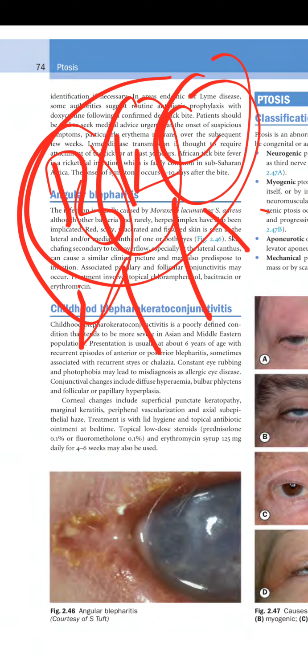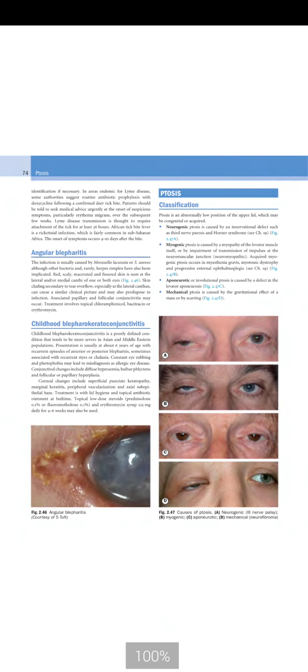So the patient presents with blepharitis, and the conjunctivitis signs are basically follicular or papillary conjunctivitis, and the corneal changes are superficial punctate keratopathy and marginal keratitis, and you treat it with topical antibiotics and lid hygiene. And it is a condition that is usually seen in the Asian and Middle Eastern population.